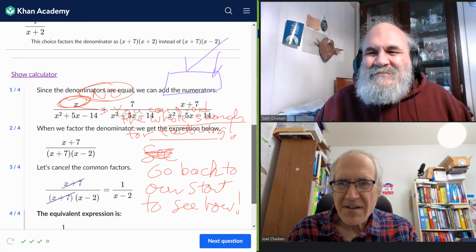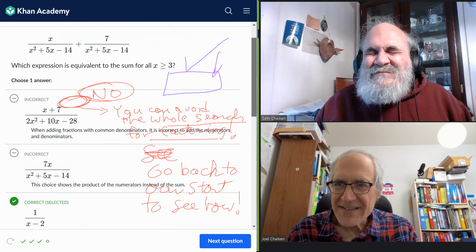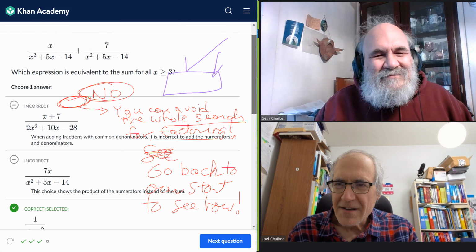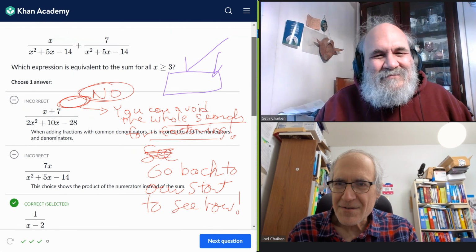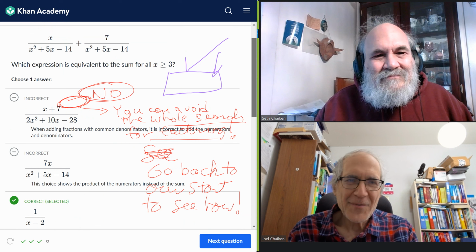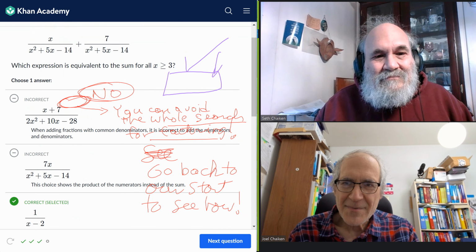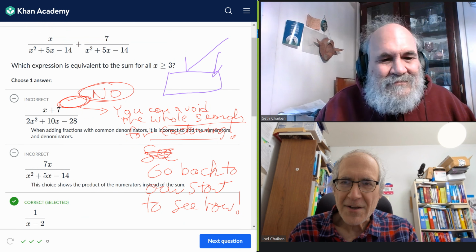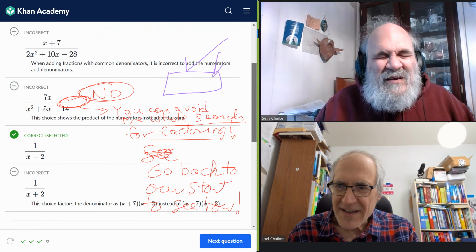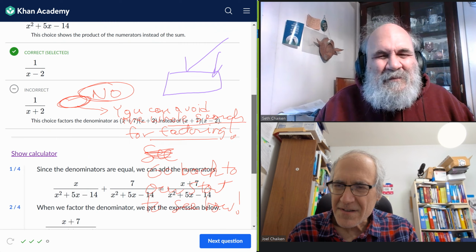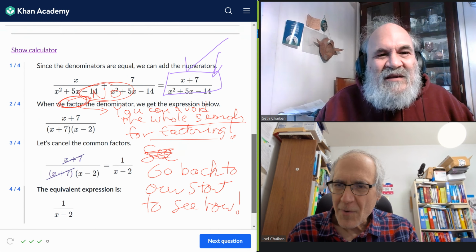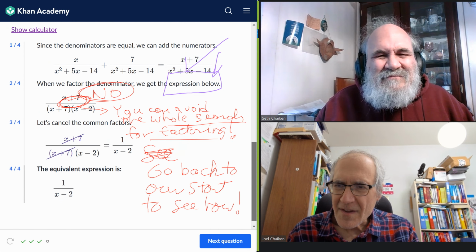But why is it not equal to 3? Why does it have to be x greater than or equal to 3? What's that about, Seth? You have a PhD in math. We'll talk about that in a second. Why do they make that restriction? So that it can't be 2, and it can't be -7.